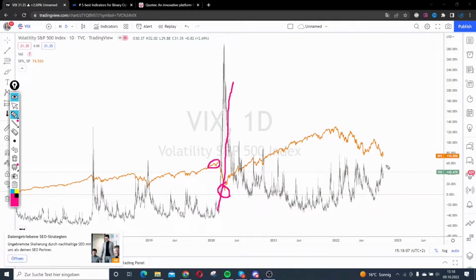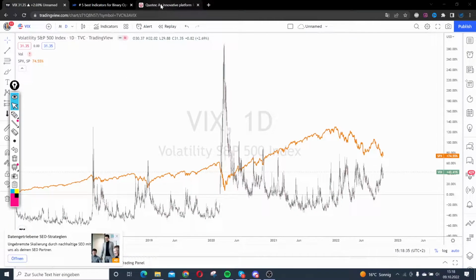And now we got increasing volatility, and maybe we get another drop in the S&P 500 like this, and then the volatility should shoot up. This can happen. It's a nice measurement, and you always see here, if the market does a crash, the volatility goes up right here. This is a cool indicator for the stock market.